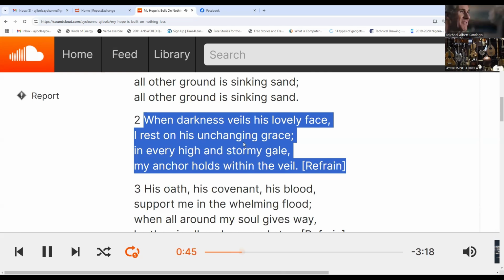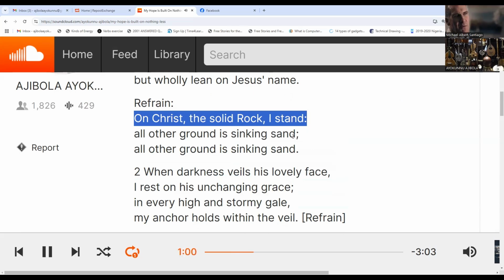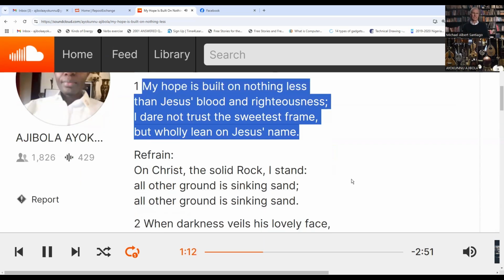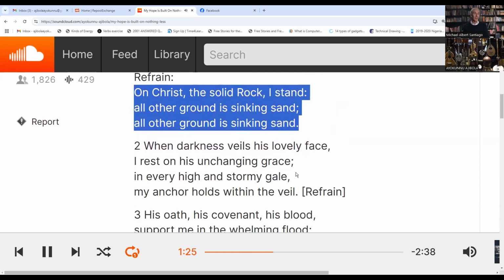In every high and stormy gale, my anchor holds within the veil.